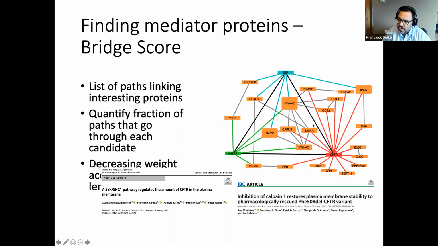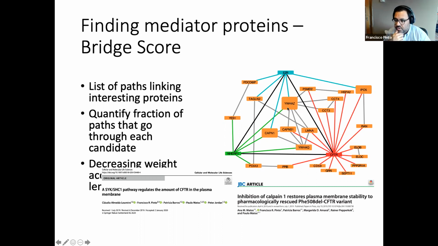And then we identify other proteins that are frequently part of those short paths. It's not the shortest paths, it's short paths. And we give a higher weight for proteins that are participating in paths linking these 3 proteins. Especially, we give a higher weight if it is a short path.